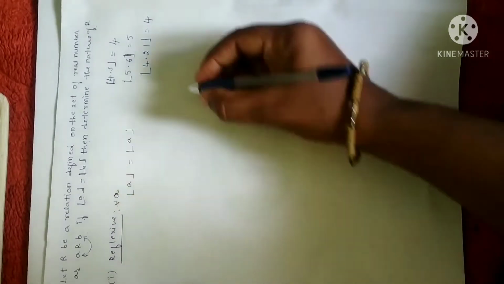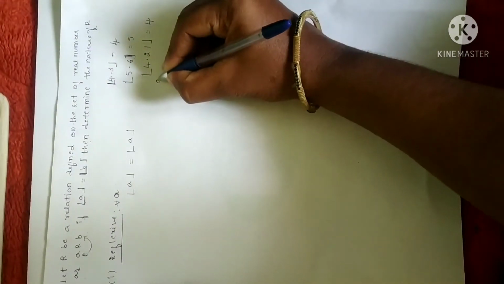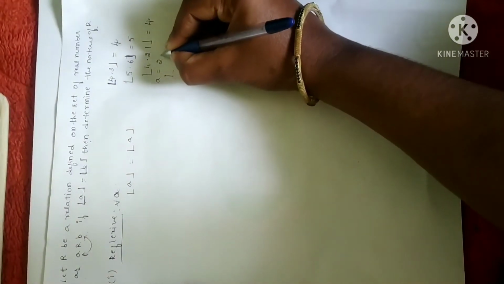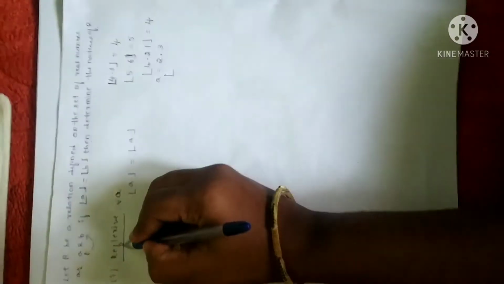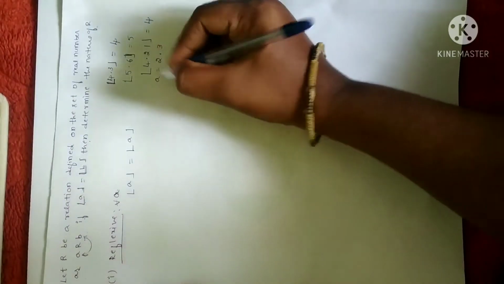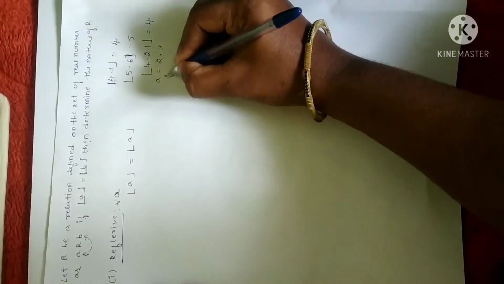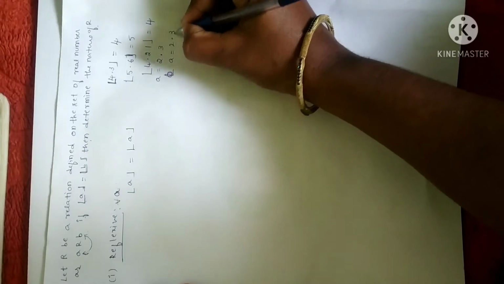I'll give you a simple example. Suppose I take A as, say, 2.3. Then again, to prove reflexive, I have to take the same element. So A is equal to 2.3, again A is equal to 2.3.